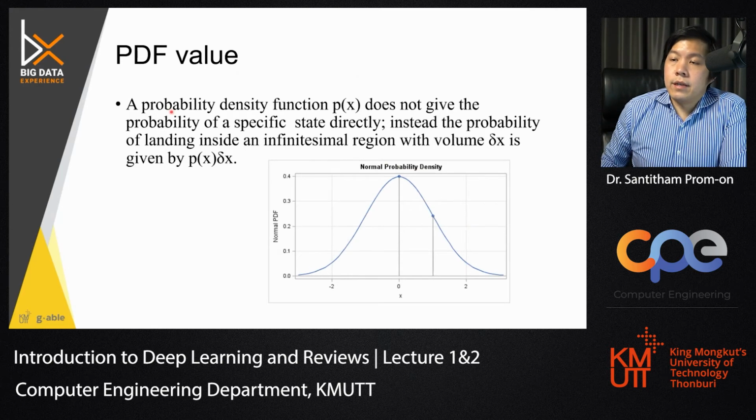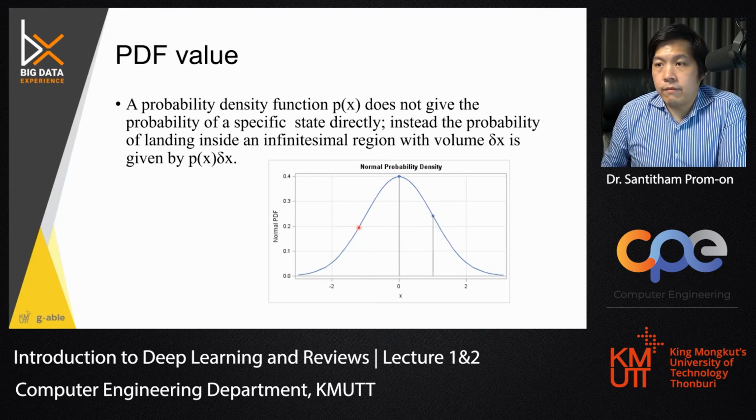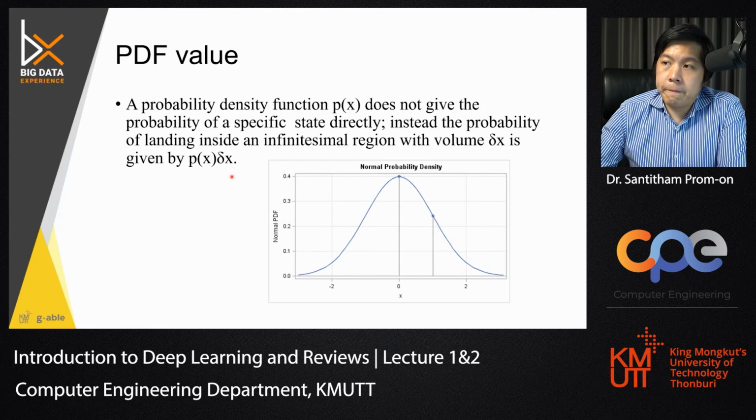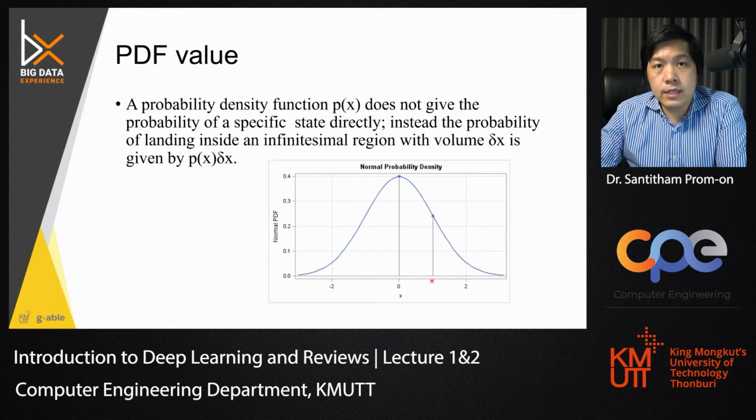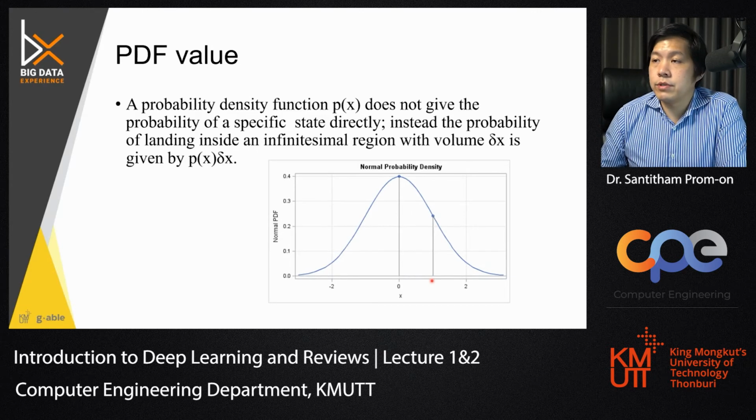Okay. You can find the probability of something occurring from a certain region. So when you take one value out of the PDF, you are actually getting P(x)Δx. That means you are getting just one value out of this. This is like the chance that this value would happen when you take it out of the distribution.